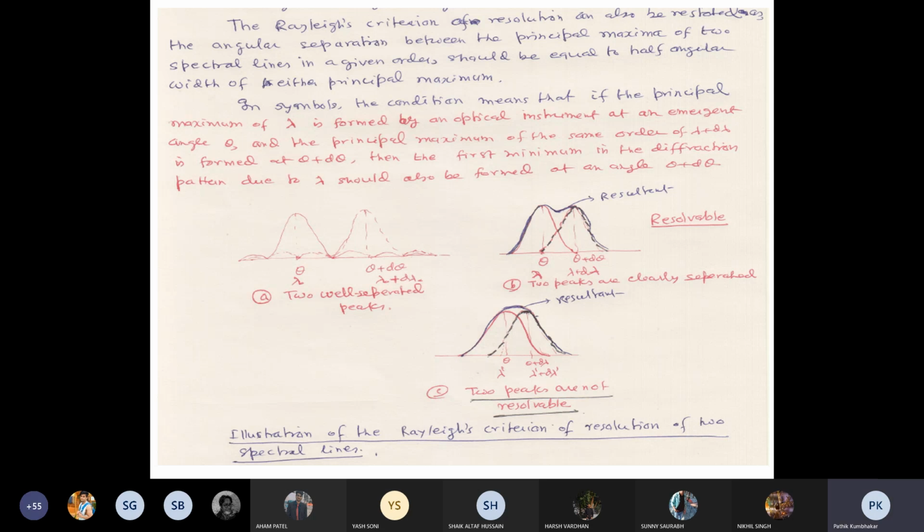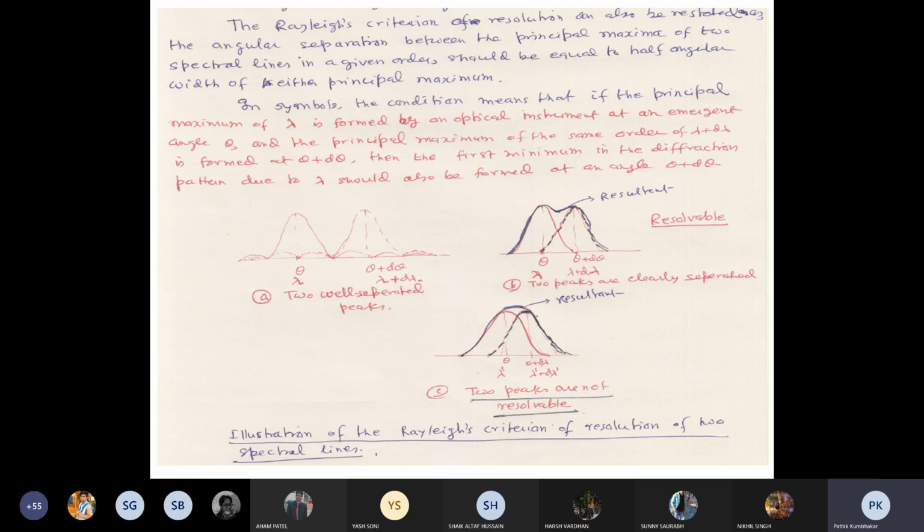So this angular separation should be half the angular width. Say we have a grating here, and one principal maximum is formed at an angle theta, and another is formed at angle theta plus d theta.